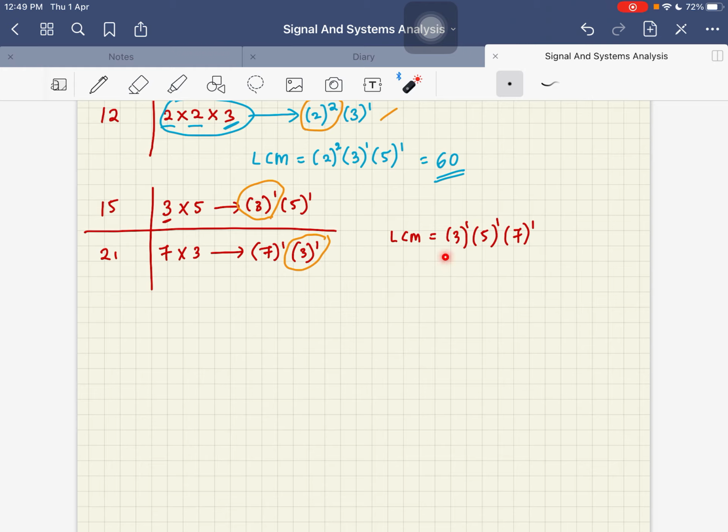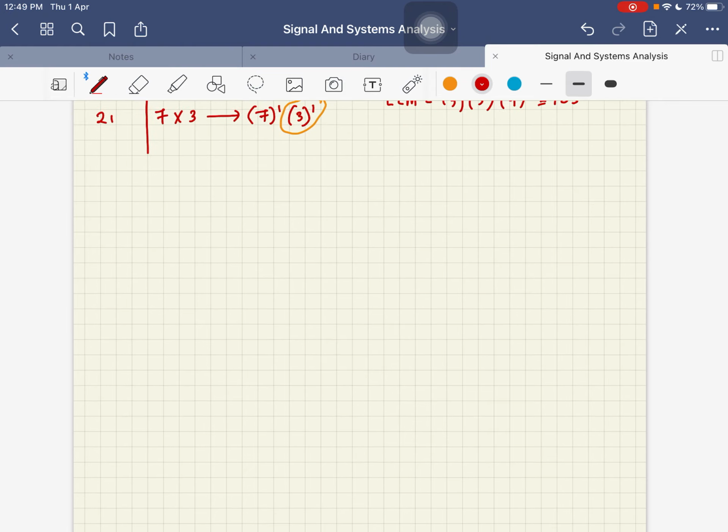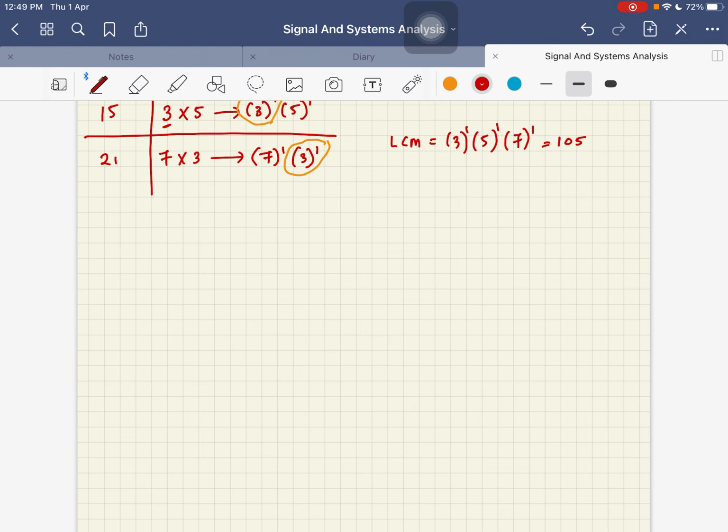Instead you take the number with the highest frequency. But in this case, both 3s have the frequency of 1, so we write only 3 to the power of 1. So if you multiply 3 times 5 times 7, the least common multiple for these numbers is 105. Right, so this is for integer numbers, which is straightforward.